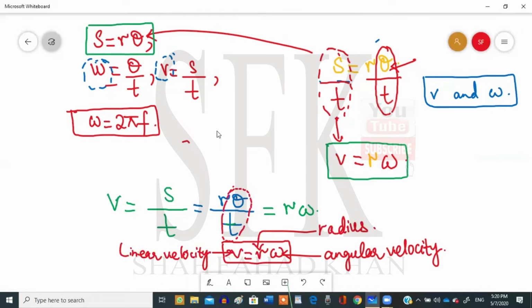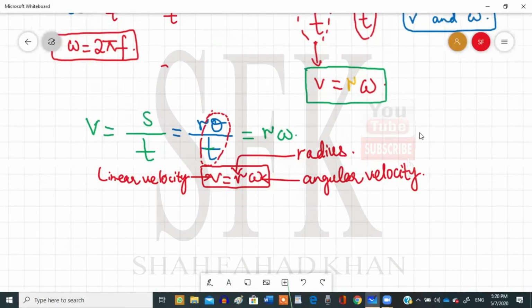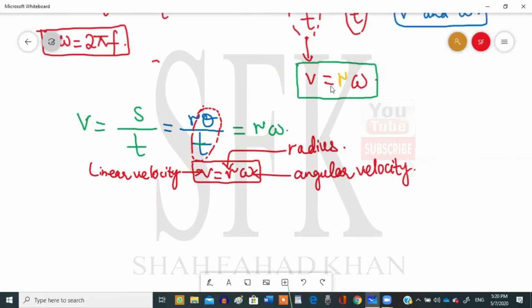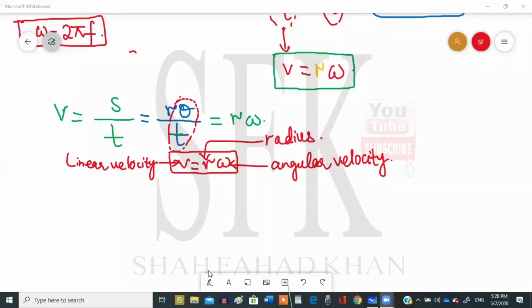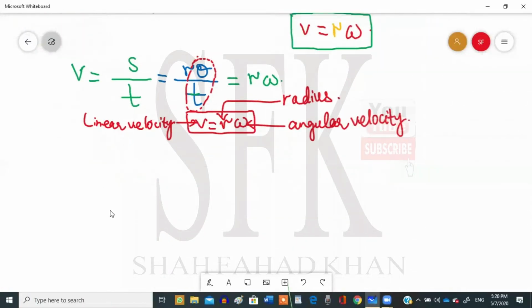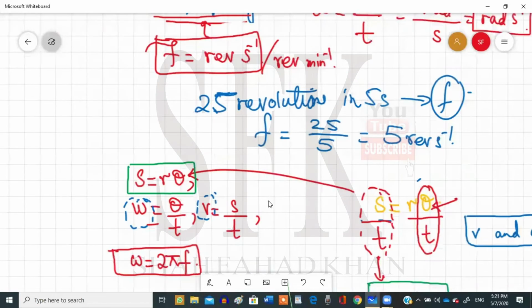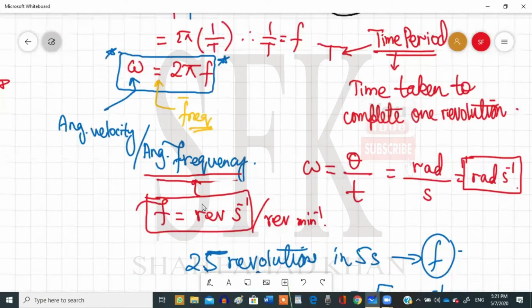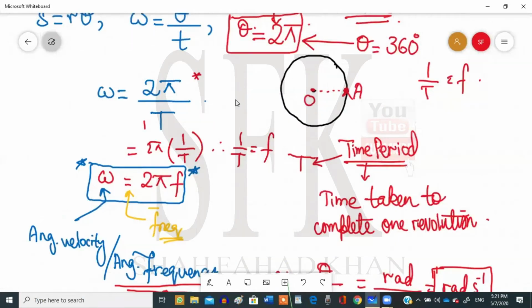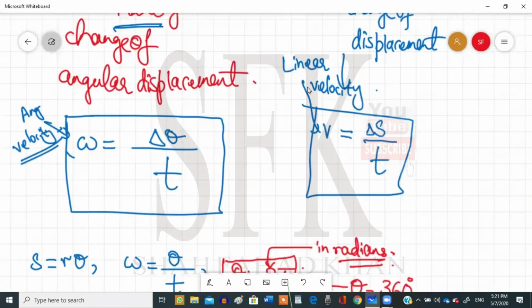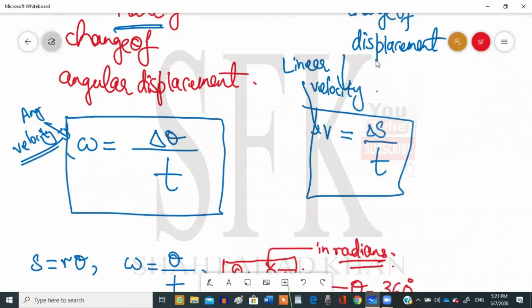Now do you get it, Hassan? Now, we've got our linear velocity, we've got an equation for angular velocity, we've got the frequency. So these are the few formulas we've done so far.